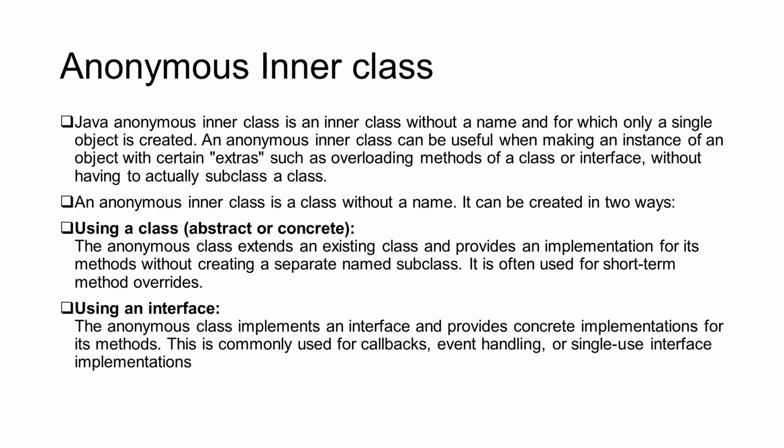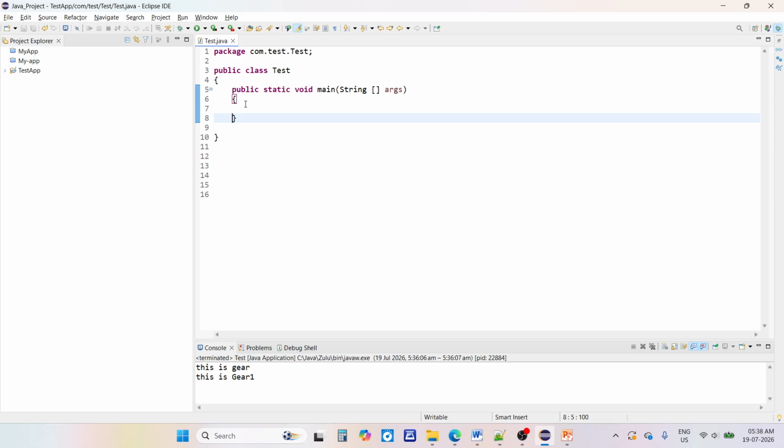So let's understand this anonymous inner class with the code example. Since anonymous inner class is implemented in two ways, using an interface or class, first we will understand it using an interface.